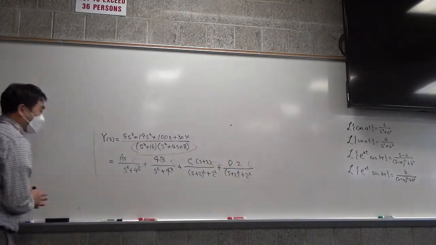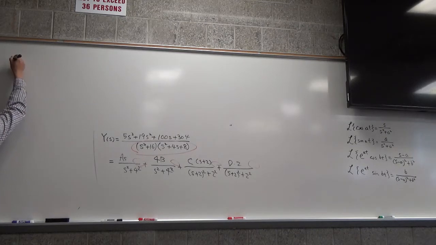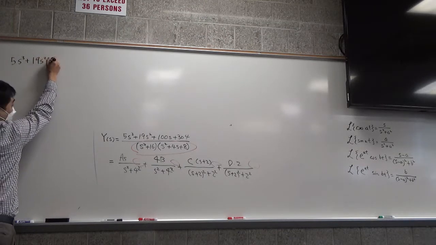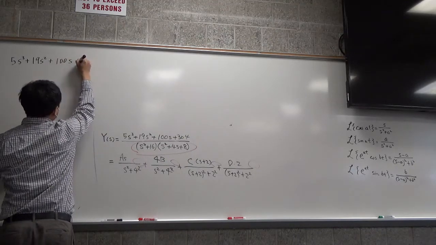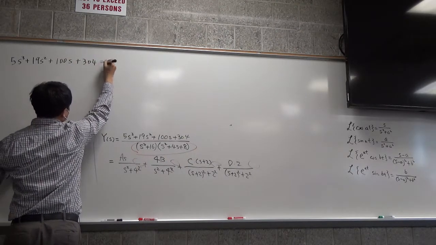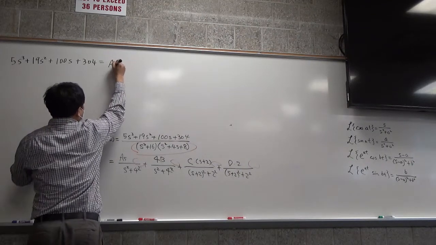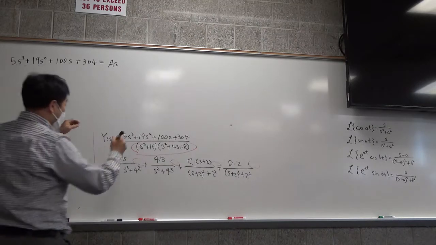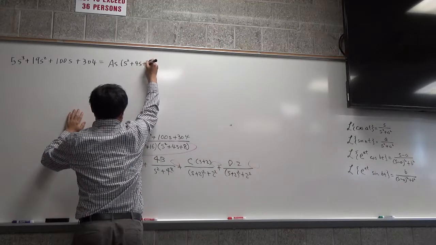And you should keep track of which ones cancel. Let's see if you can follow the calculation. So you're going to get 5s cubed plus 19s squared plus 100s plus 304 equals, okay, first, as times what? S squared plus 4s plus 8.